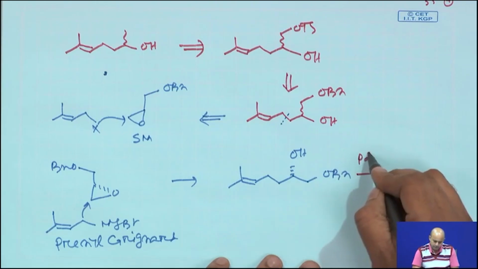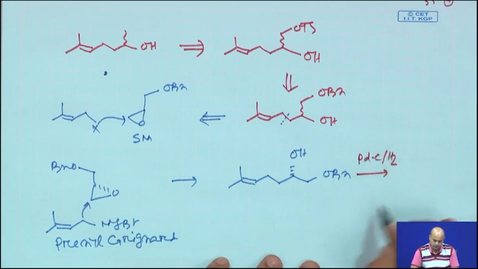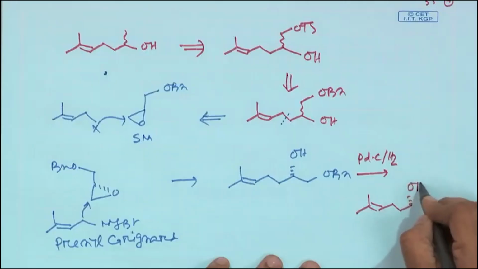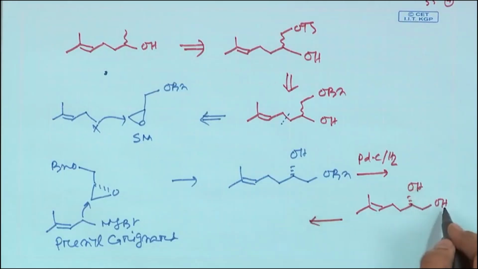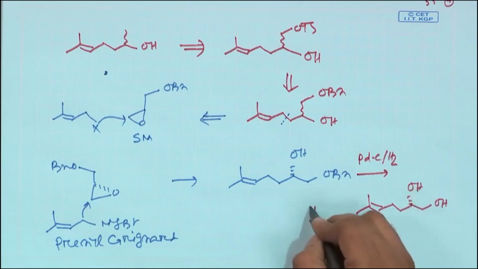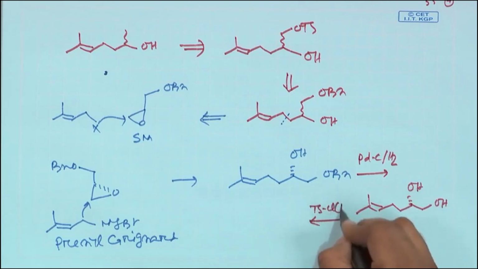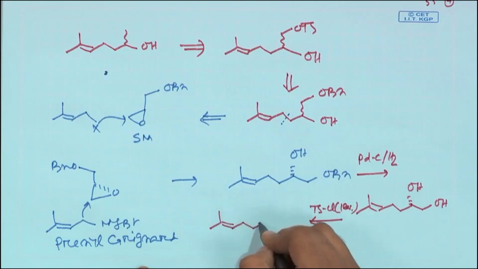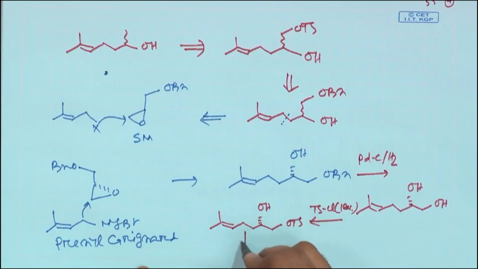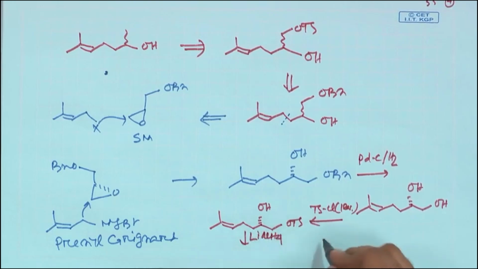You do a debenzylation by palladium charcoal and hydrogen and you get this OH, CH2OH, fine. Now, you have a primary alcohol and a secondary alcohol. The primary alcohol reacts faster, with 1 equivalent of tosyl chloride you get this OH, CH2OTs. Now, just do a lithium aluminum hydride based reductive removal of this tosyl group.